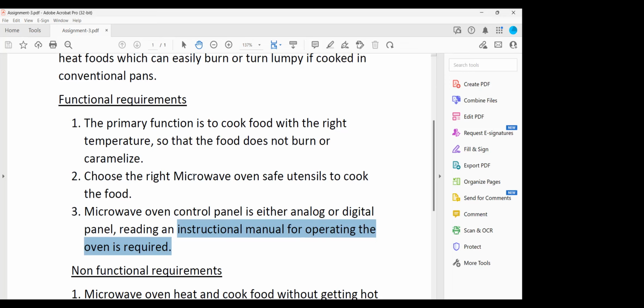From our previous class, we learned the definition of functional requirements and non-functional requirements. Forget about the oven now. Let's discuss what non-functional requirements are.